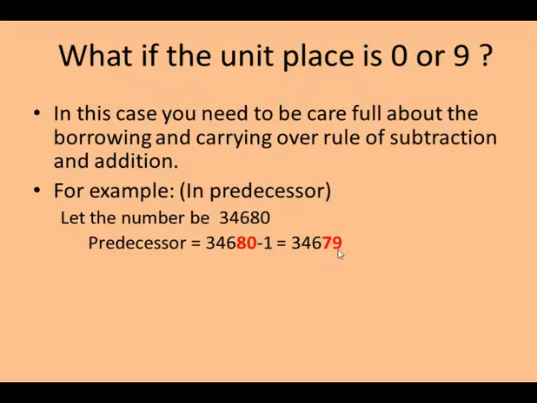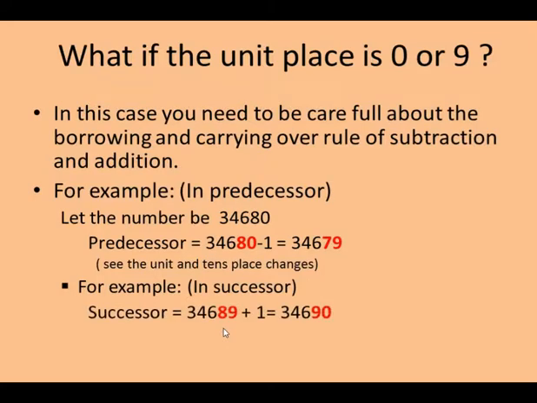So the tens and ones places both will change over here. You can see the unit place and tens place have changed. So when the unit place is 0 and we have to find the predecessor, simply subtract 1 from the tens and unit place together. That is 80 minus 1, we will get 79.